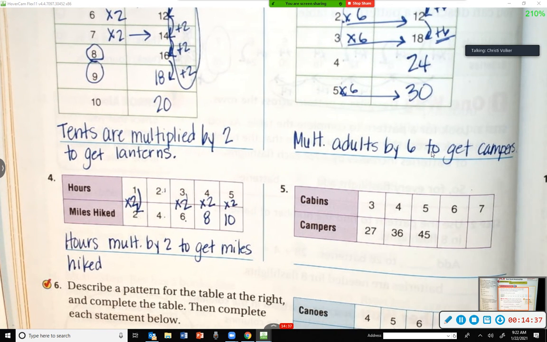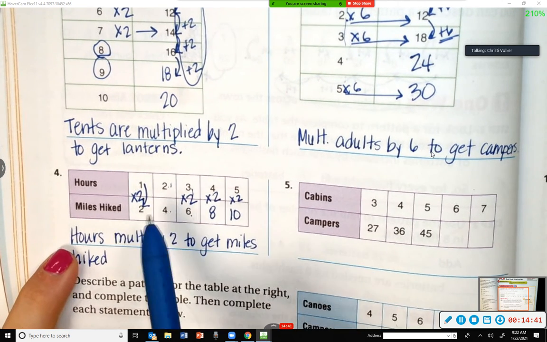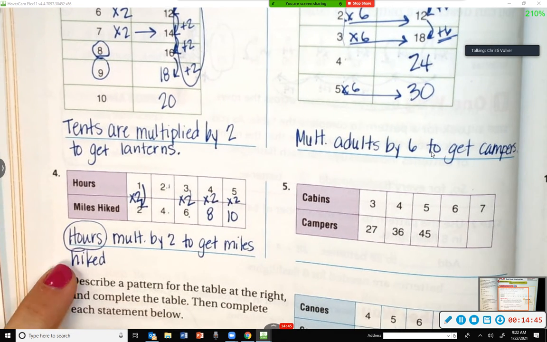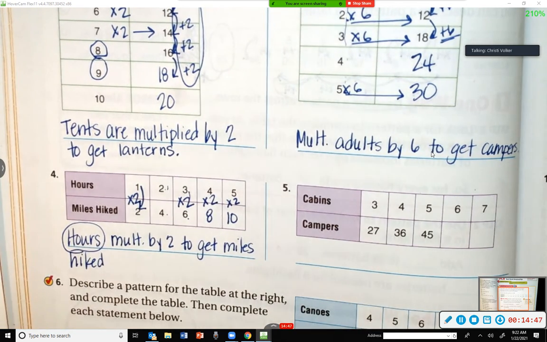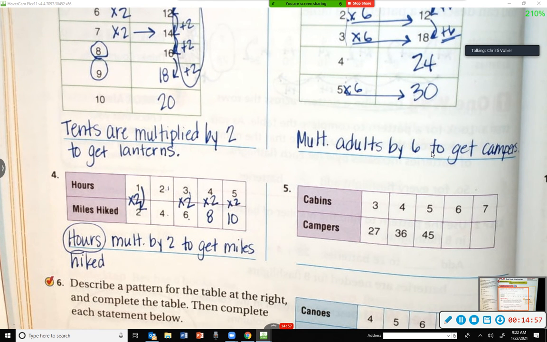Okay? And it's important to say what you're multiplying by 2. I'm multiplying the hours by 2 to get the miles hiked. Okay, so skip counting by twos or multiplying by 2.